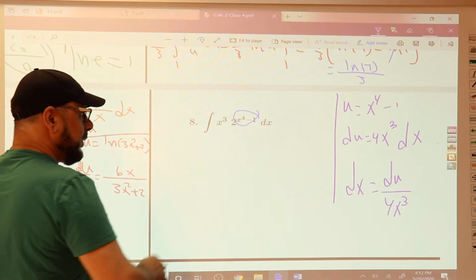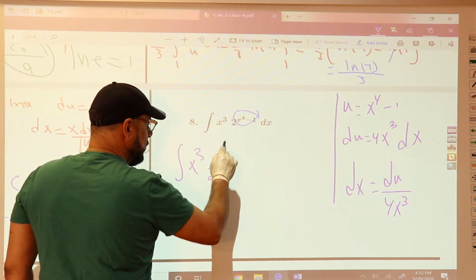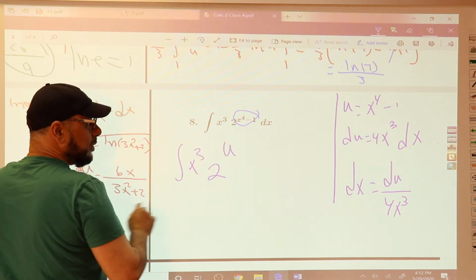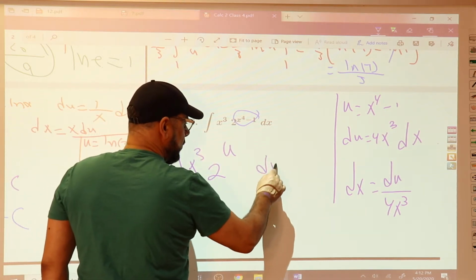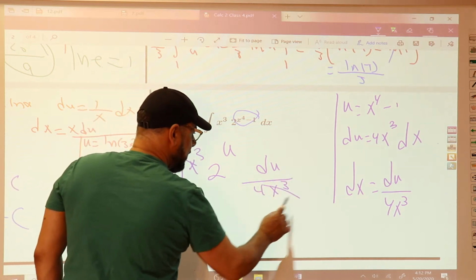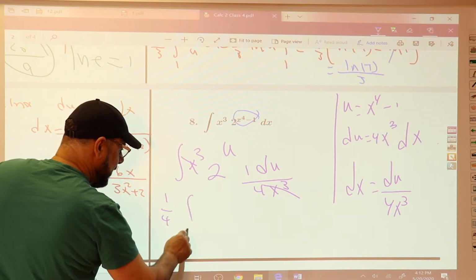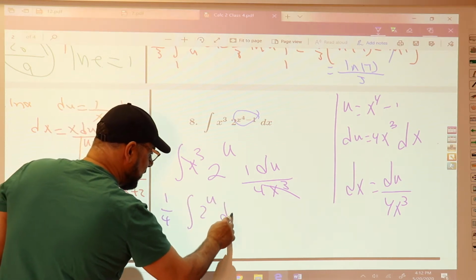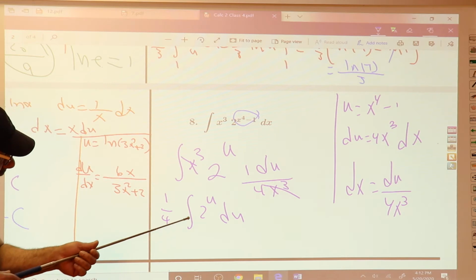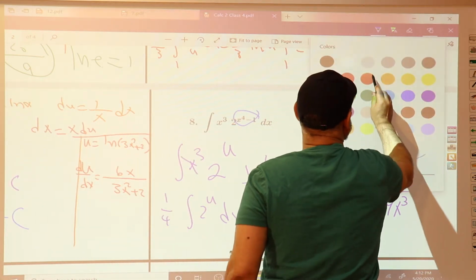Now, back to x cubed 2 to the u, and dx is du over 4x cubed. This cancels with this. Now we have 1/4, we can take it out. Integration of 2 to the u du. Now my base is 2, not e. It's the same.